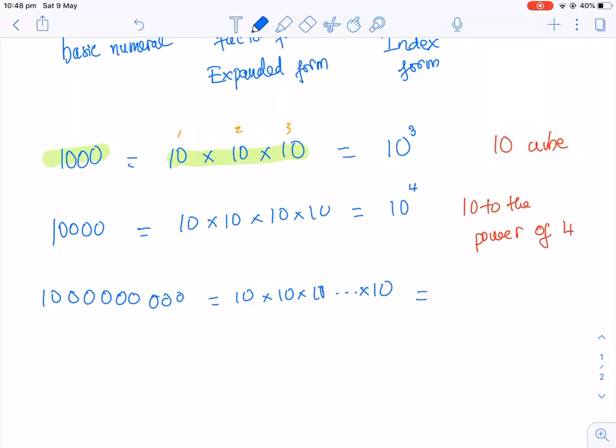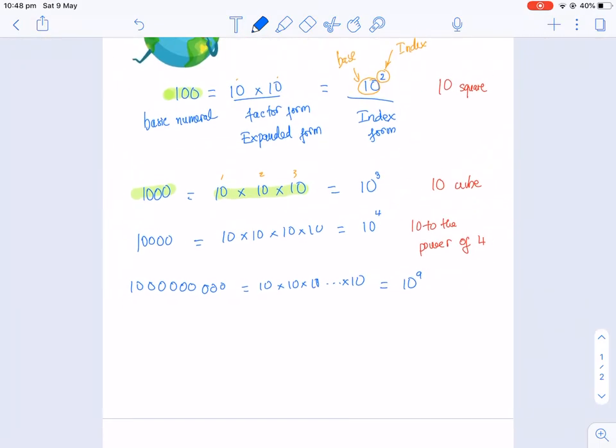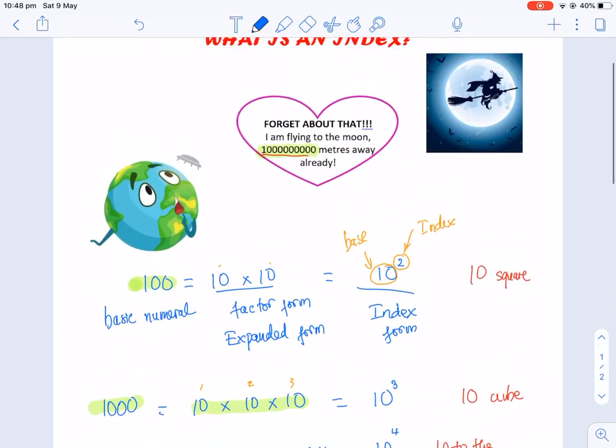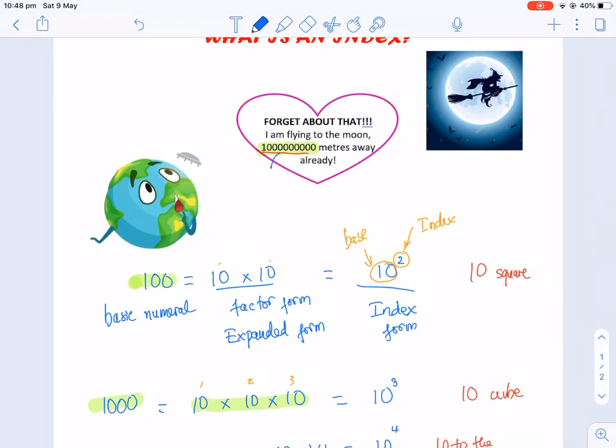And we bring it to the index form. The index form is 10 to the power of 9. Simple. So Winston's message should change to, I'm flying 10 to the power 9 meters away from the earth.